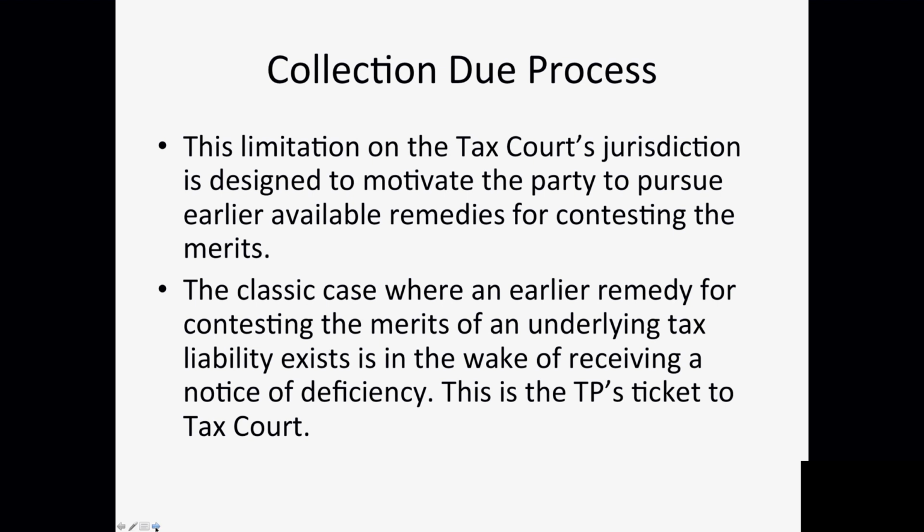Now, what's been happening these days is that even those taxpayers that skip the step of going to IRS appeals and using that as a possibility to dispute the underlying liability, if they bypass that step and go to tax court by filing the petition, tax court might look at the record and see that the taxpayer has not gone to appeals and not had an IRS appeals officer look at it, and they might automatically send it back to IRS appeals.